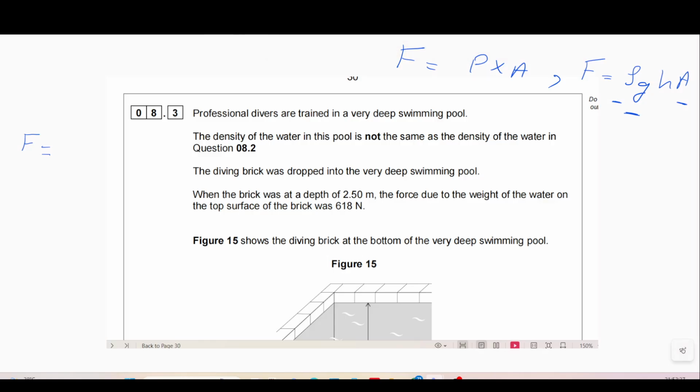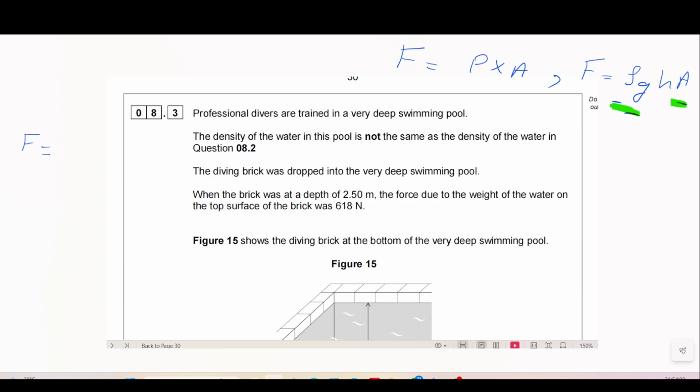Do you see any ratio formula here in the sheet? Okay, it says that because rho, g and area are constant, you can just consider what is varying. So first you need to find the ratio of force and height.